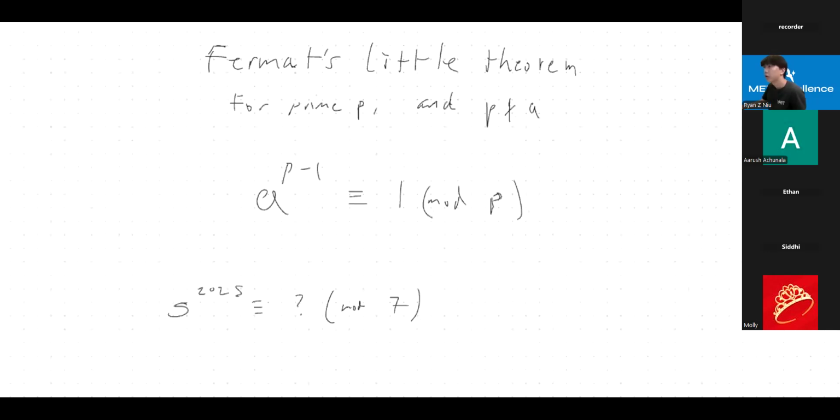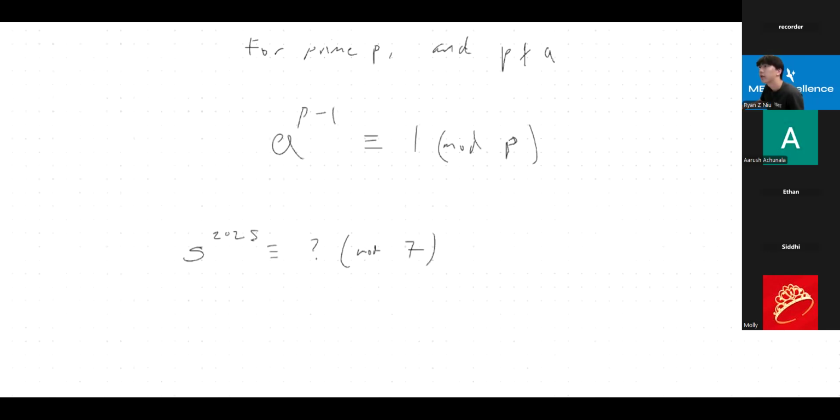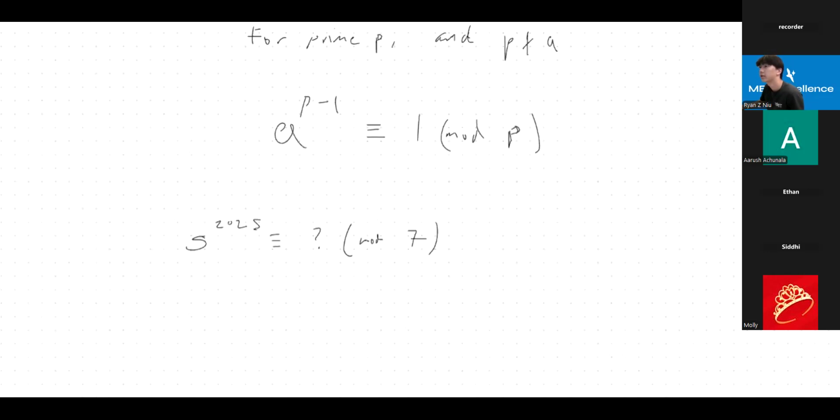What Fermat's little theorem says is this, and so we can translate this. Our a is going to be 5, and our p is 7. So what we can say is 5 to the 6th is equivalent to 1 mod 7. It leaves a remainder of 1 when we divide by 7.